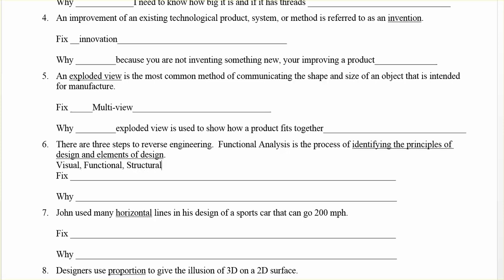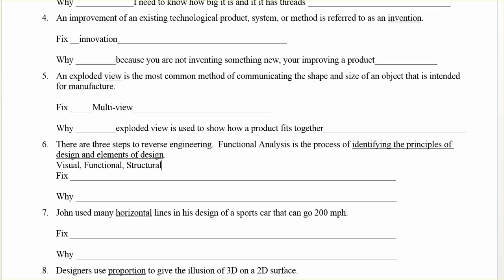Now in the visual, you're identifying all those principles and elements of design. We were talking about form, shape, color, line, features, hue, darkness, value. We had like 14 or 15 different things we were looking at there.